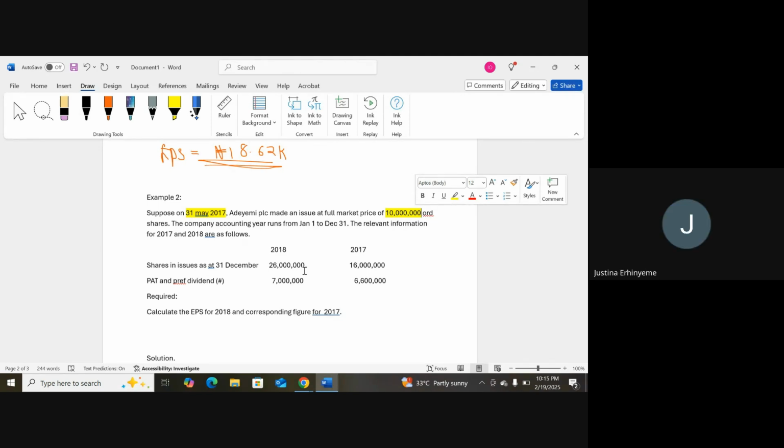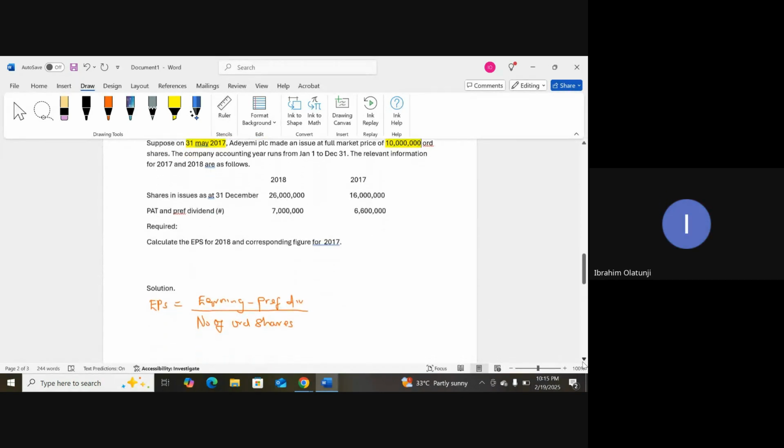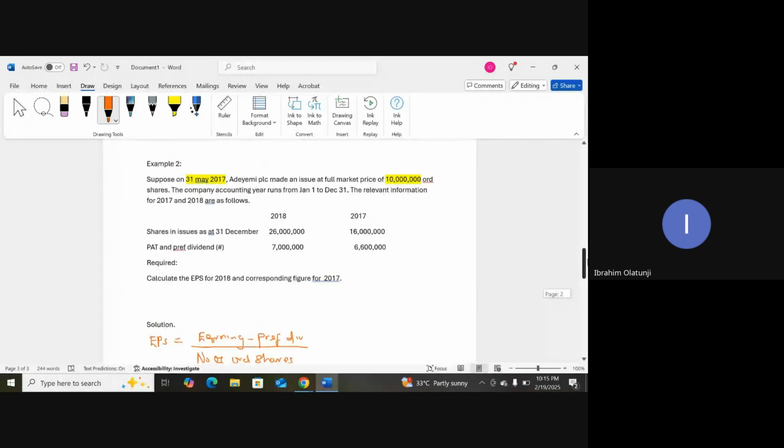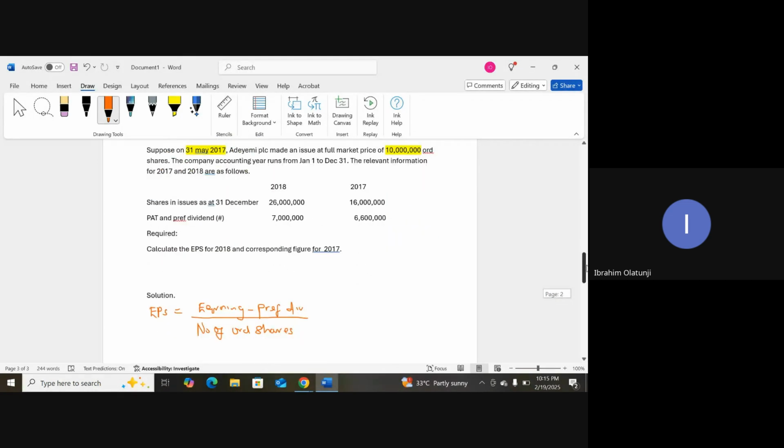It's clear. Let's move on. Existing share will be 16 million.